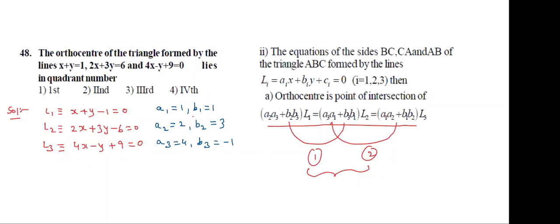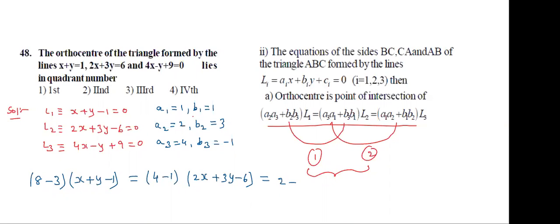Now use the shortcut formula: A2, A3, 2 4s are 8, plus B2, B3, minus 3, into L1, x plus y minus 1, is equal to A3, A1, 4, plus B3, B1, minus 1, into L2, 2x plus 3y minus 6, is equal to A1, A2, 2, B1, B2, 3, into L3. L3 line is 4x minus y plus 9.